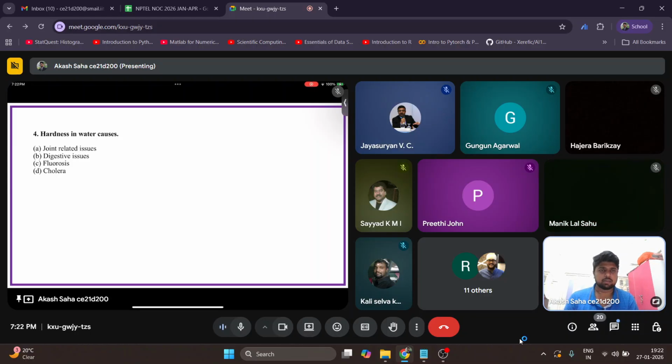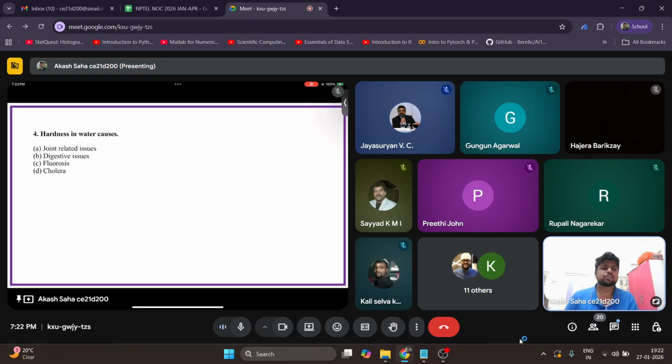So coming back to the question, hardness in water causes different types of problems. One of the major problems is the scaling, due to which the effective area of the pipe reduces. So scaling is a very big issue. Apart from that, option A and option B are also true. It causes joint related issues and digestive issues also.